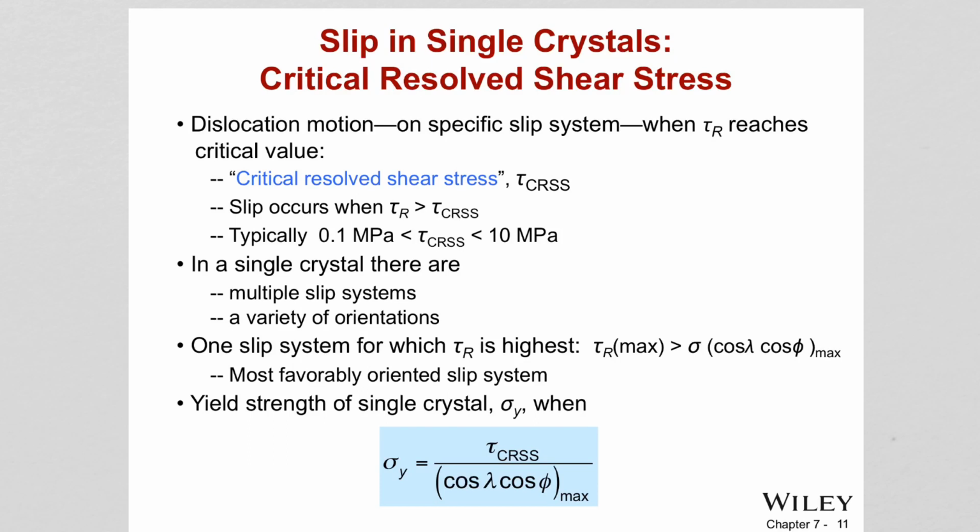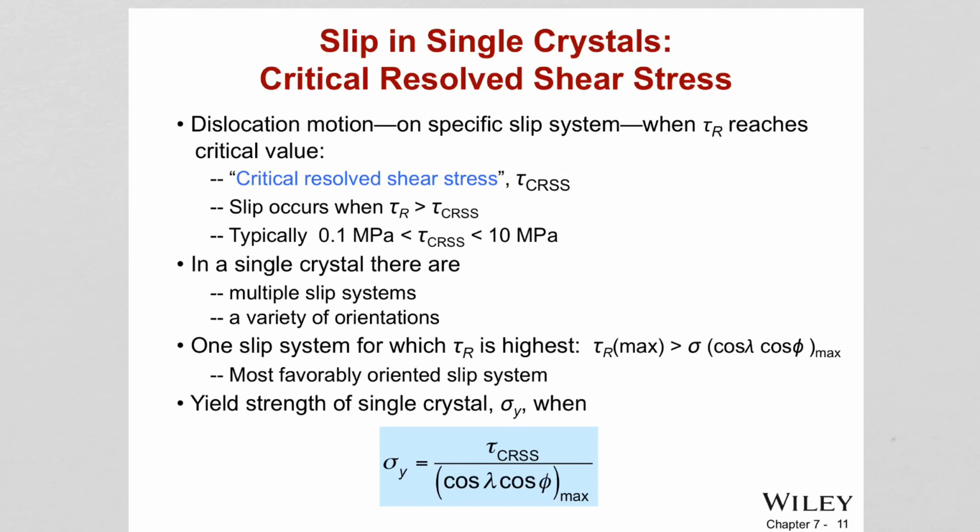Remember we said that for dislocations to be able to move, there has to be a certain amount of stress, a certain amount of force given to the dislocation so it can get over the obstacles of these atomic bonds and move along the structure. So there has to be a certain stress level that needs to be reached so that the dislocation moves inside the structure.